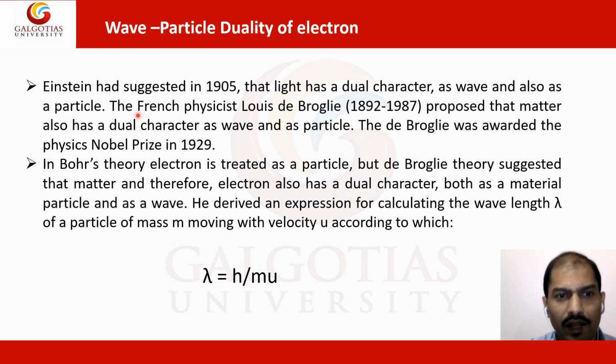Einstein in 1905 suggested that light has a dual character, as a wave and also as a particle.